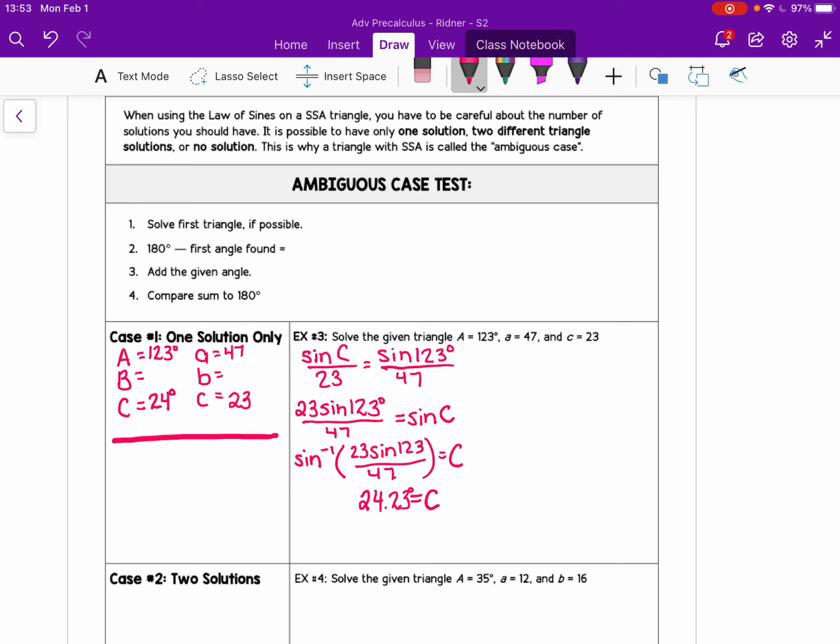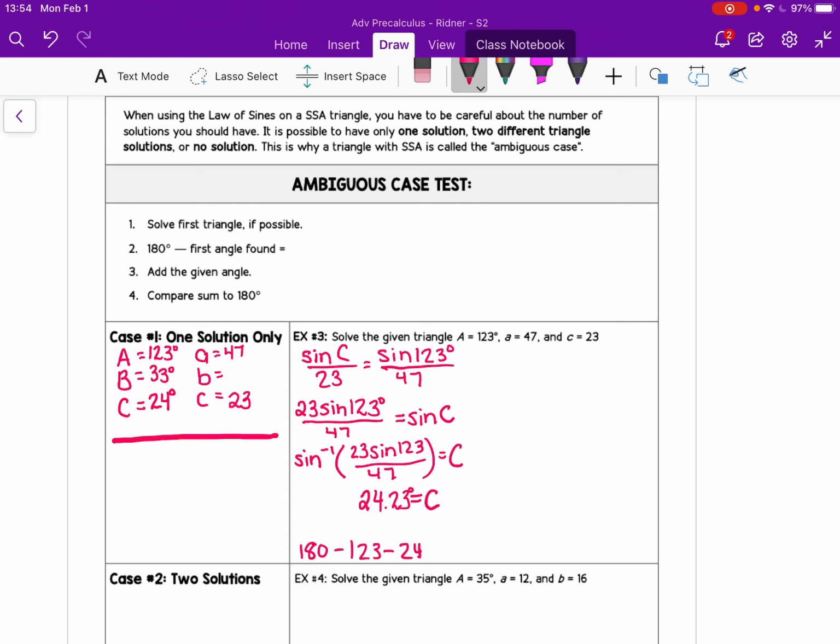To find angle B, 180 minus 123 minus 24 means that angle B would have to be 33 degrees.